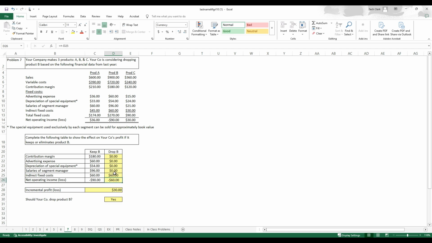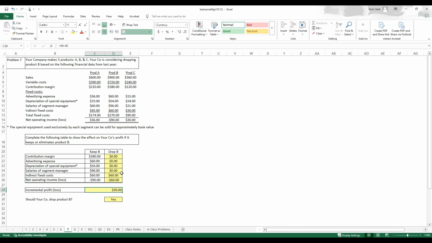From a purely financial perspective, it appears to be profitable to get rid of this product line because the gain that we make by not recognizing the overall loss is enough to offset the fact that the indirect costs are being spread amongst other products. That's the right way to think about that.